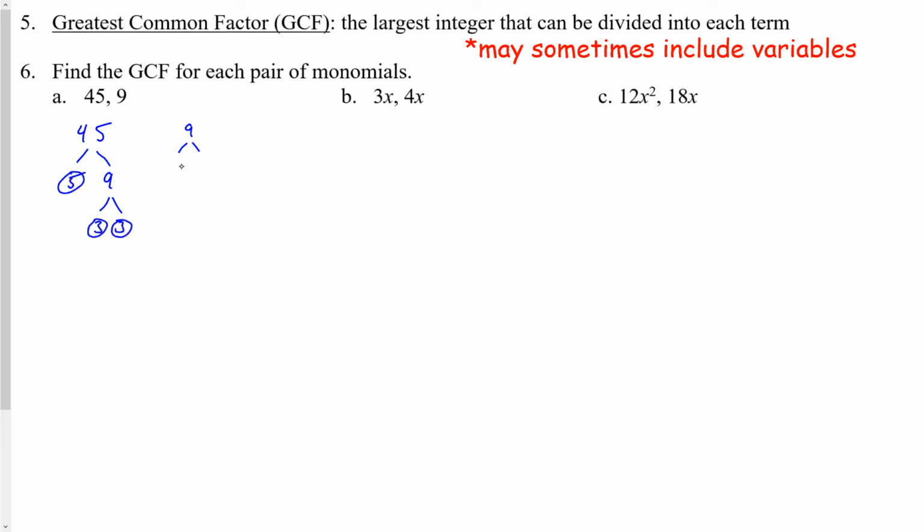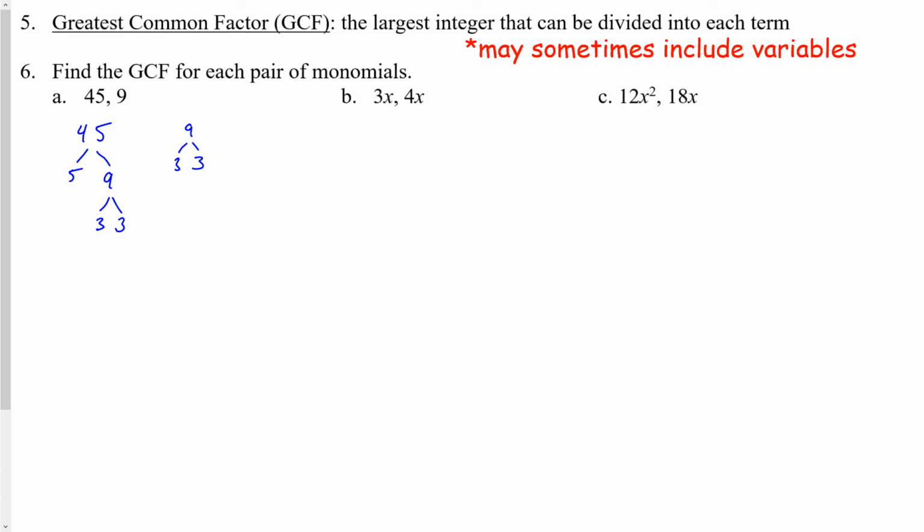This one is just 3 times 3. 3 and 3 are both prime numbers. So here we can see that we have each of these completely broken down into their prime factors. I'm going to erase this just to make this a little less confusing, hopefully.